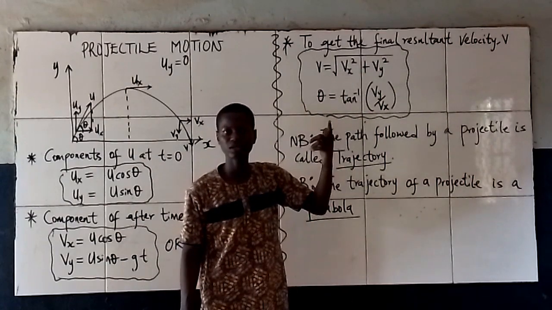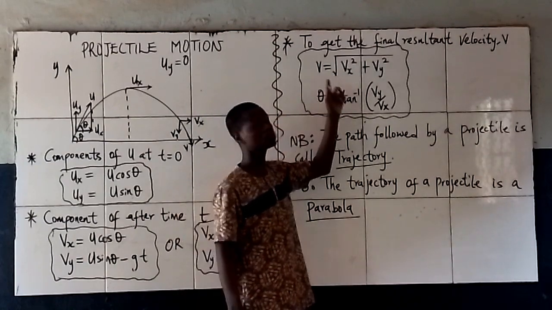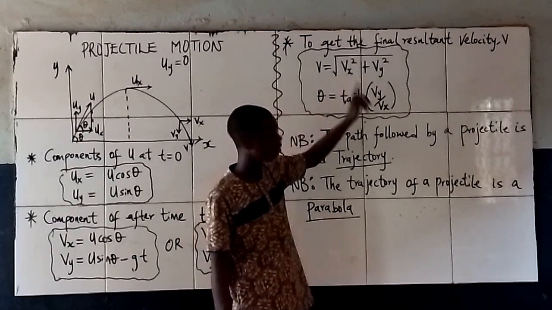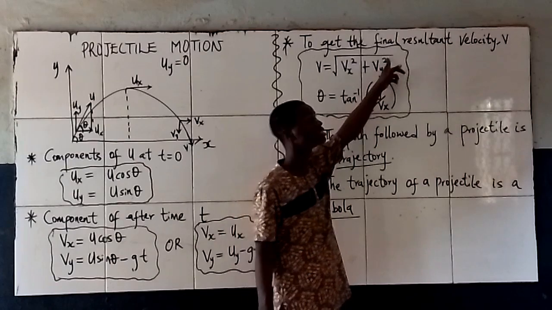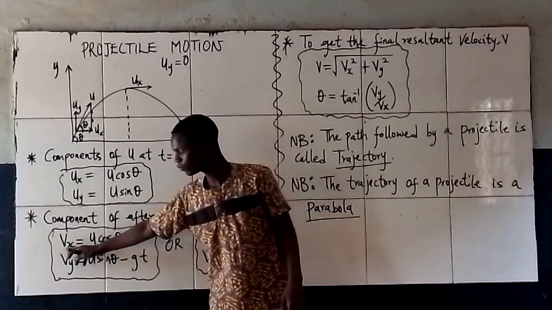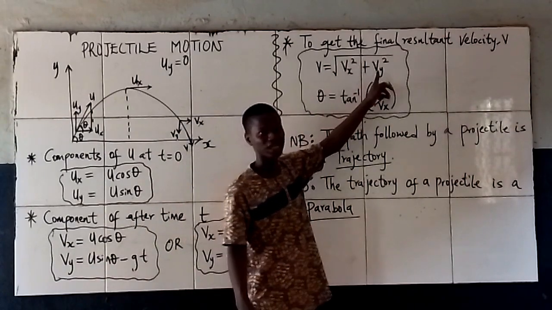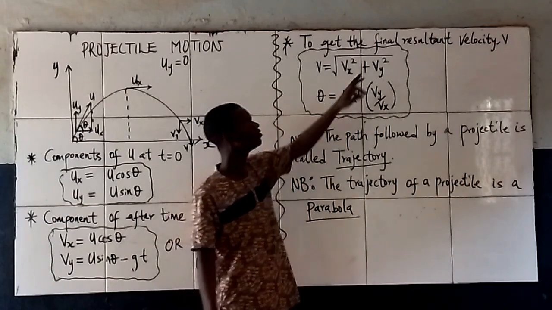If I put it that way, to get your final velocity, it will be equal to the square root of the horizontal component of the final velocity squared plus the vertical component of the final velocity squared. This is the formula. So whatever value you get for your vx and your vy, you square them both, add them up, and take the square root. Now, how do you get the angle of the final velocity?